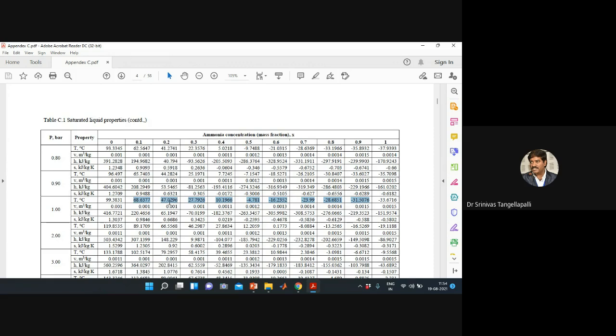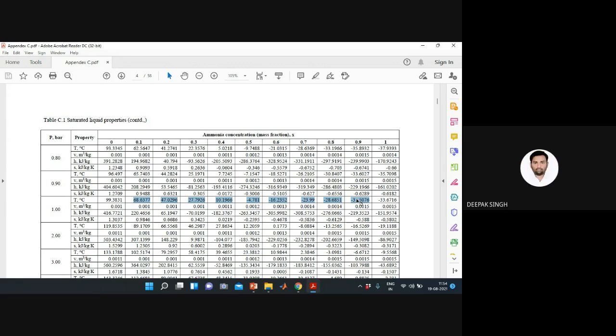Got my point? These temperatures are bubble point temperatures. Bubble point temperature refers to the starting of the phase change, as the saturated liquid refers to the starting of the phase change. That's why I can call these temperatures bubble point temperatures. If I am referring to the vapor temperature, in case the same table is designed for the vapor, I can call this temperature the dew point temperature. Have you got my point?